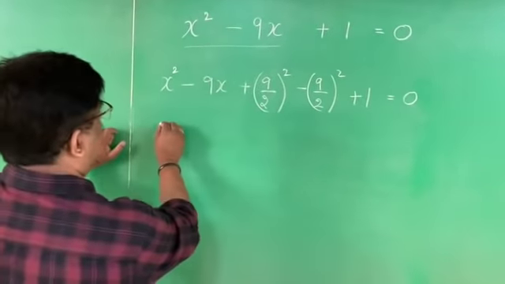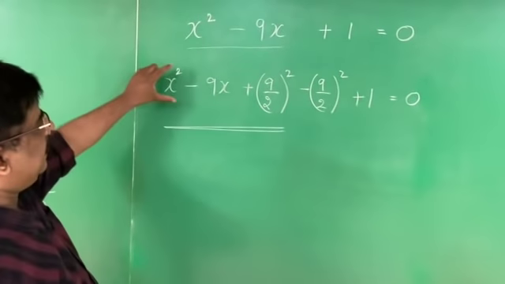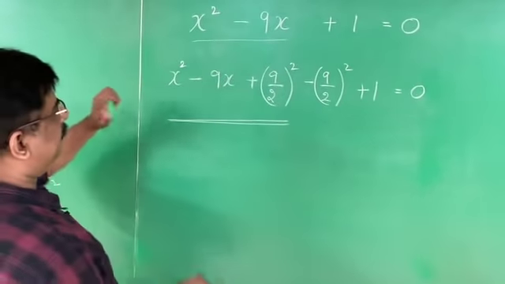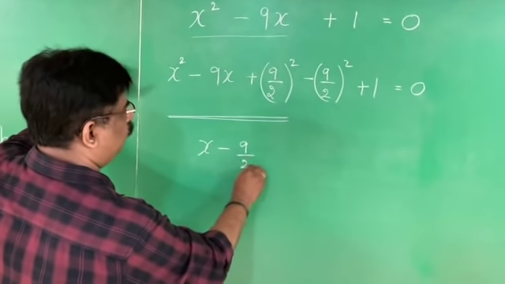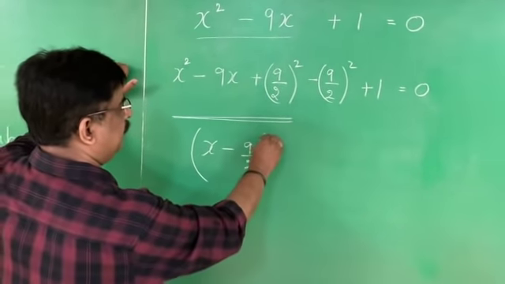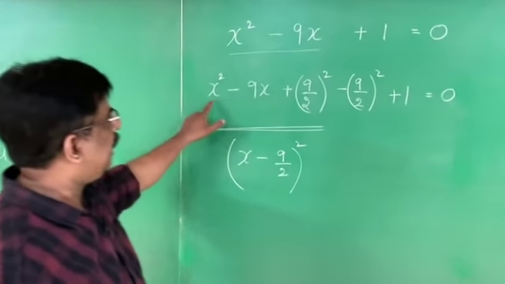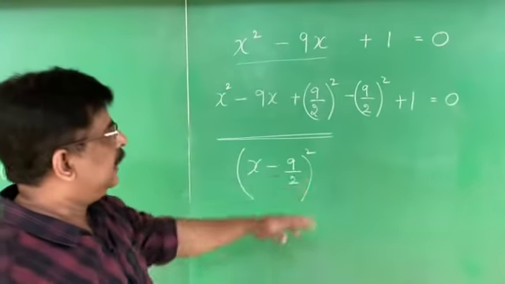Now consider these three terms: x square minus 9x plus 9 by 2 whole square. This can be written as x minus 9 by 2 whole square. This complete part is in the form of a minus b whole square.